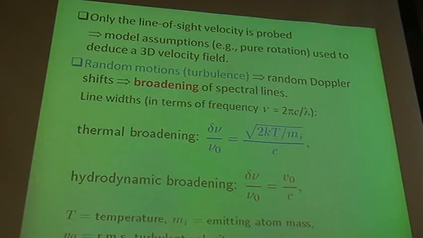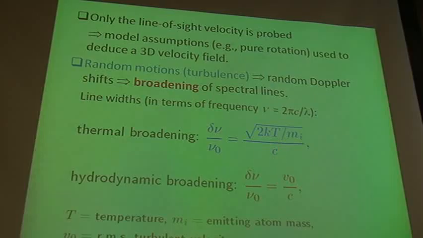For example, a widespread method is to observe absorption lines. If you have a turbulent region at some distance from you, and the emission produced by this region passes through a relatively cold cloud, then this emission will be absorbed. Still, with the absorption line, you will measure the velocity of the absorbing material.